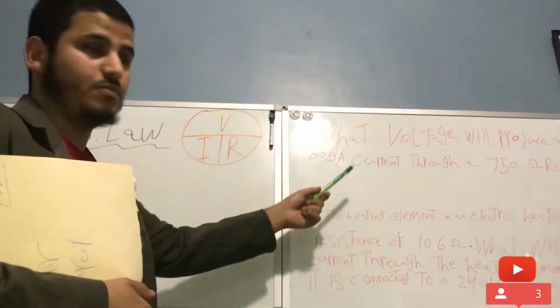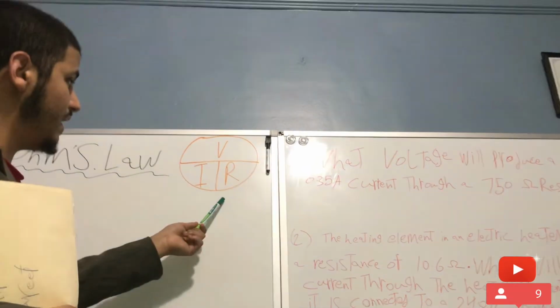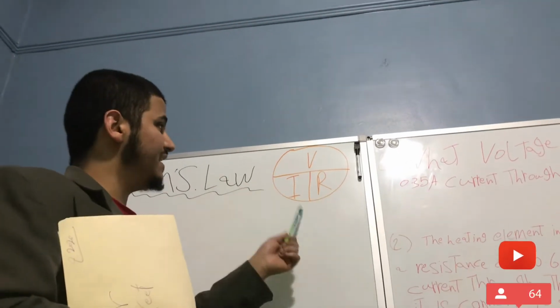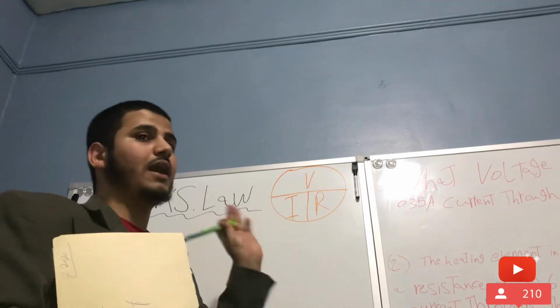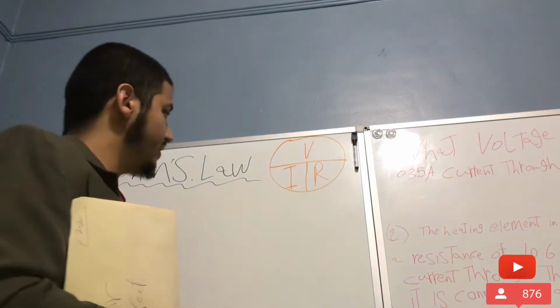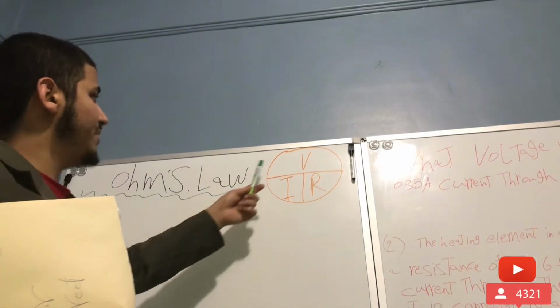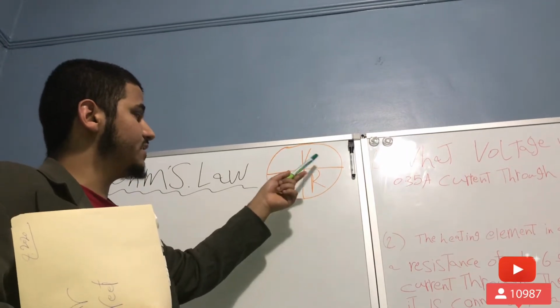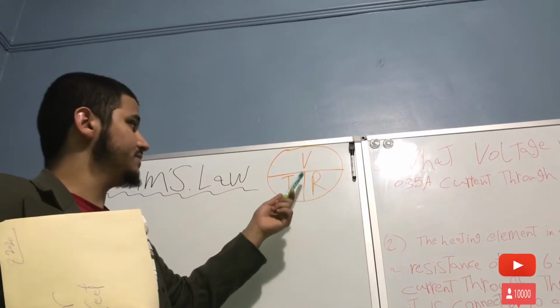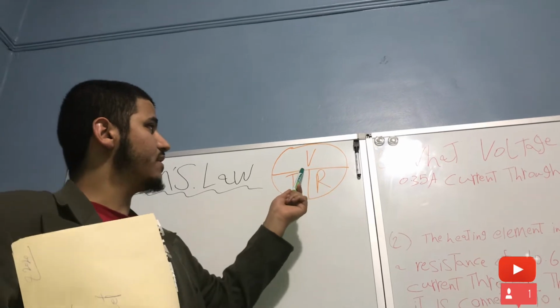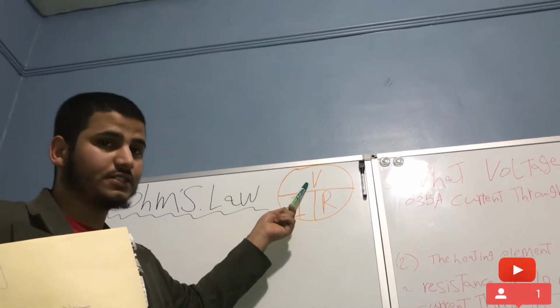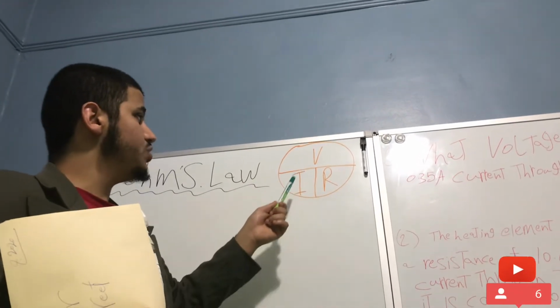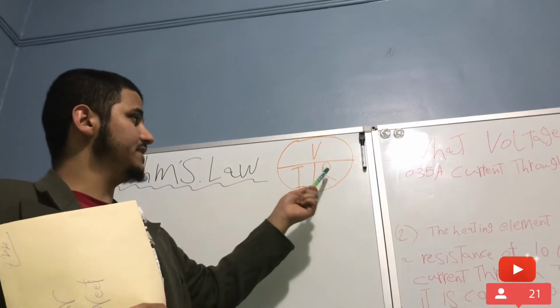Before we do these two questions, we need to find the formula and understand it clearly, because it's very, very important. For example, I put this circle, and you need to keep it in your mind because you can use it a lot. Remember, if you want to find the volts, you do the current times the resistance.